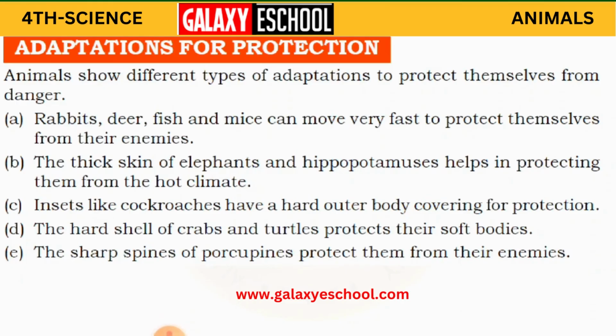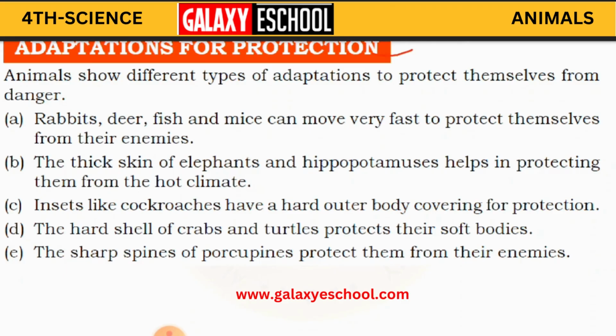Adaptations for protection. Okay children, we have already learnt about adaptation to environment and adaptation for food in our previous sessions. Now today we are going to learn about adaptations for protection. So what do you mean by protection, children? Protection means making ourselves safe from any type of danger.